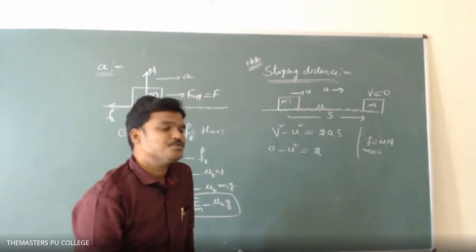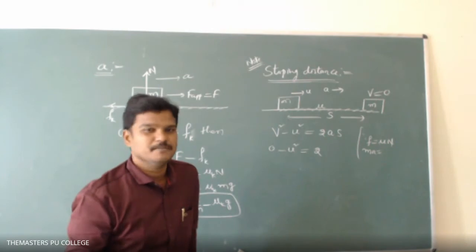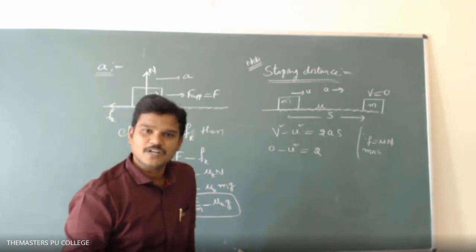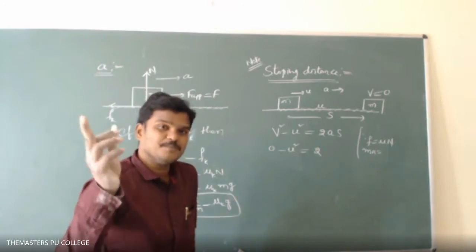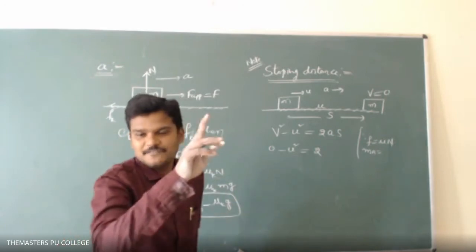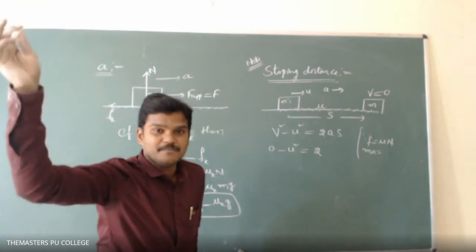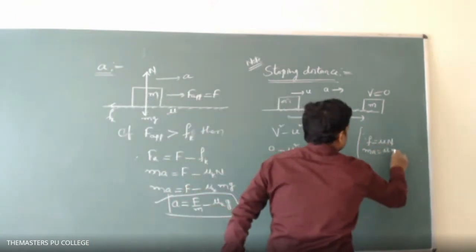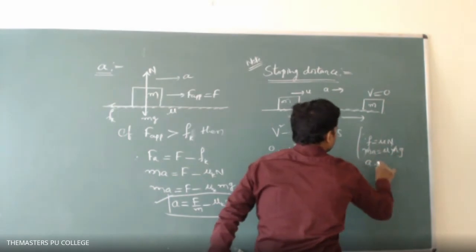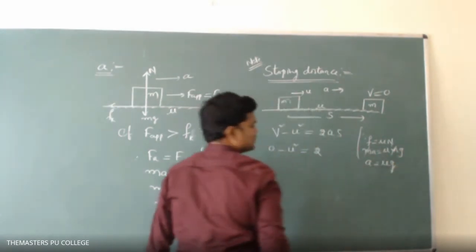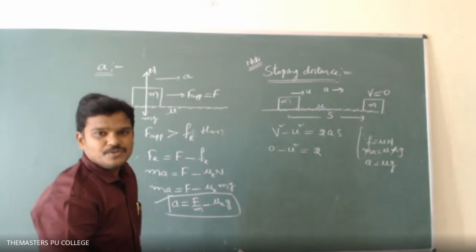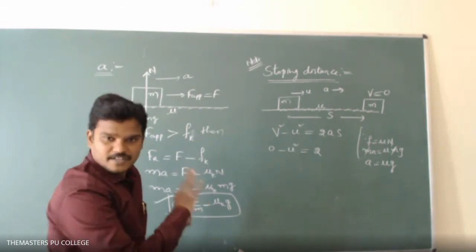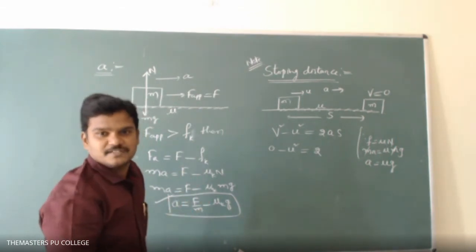If I apply 12 Newton of force, what is the static friction between the block and surface? 12 only. Yeah, 12 only. That's why small f is equal to capital F, and capital F is nothing but ma. So mu mg equals ma, m cancelled. A is equal to mu g. The general formula in friction here is a is mu g.